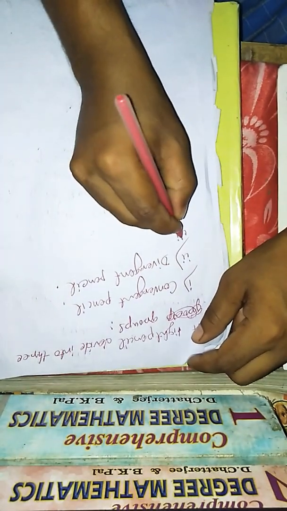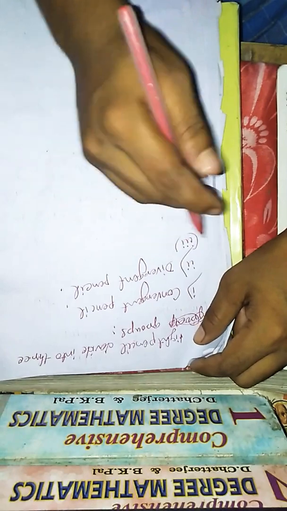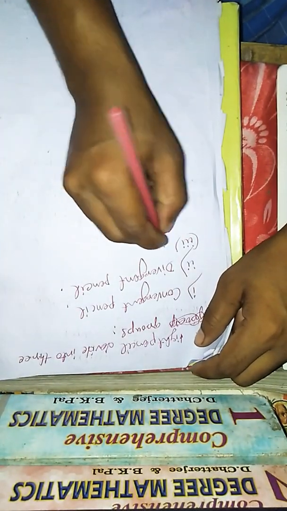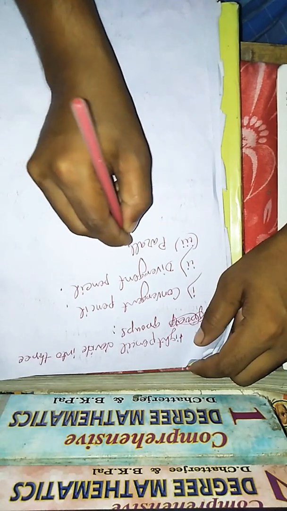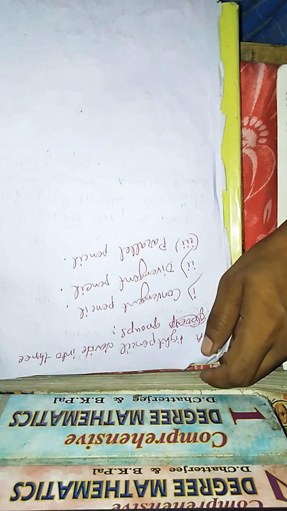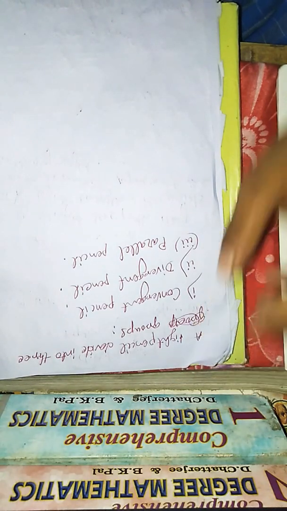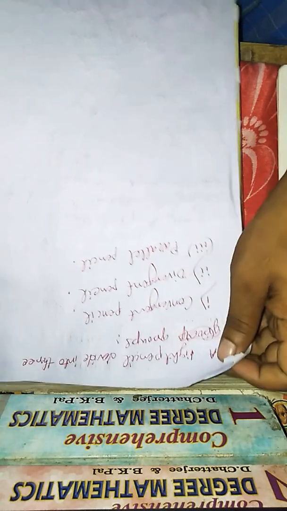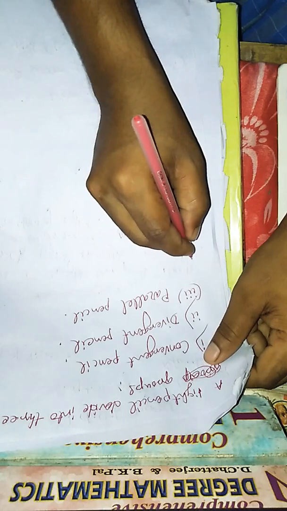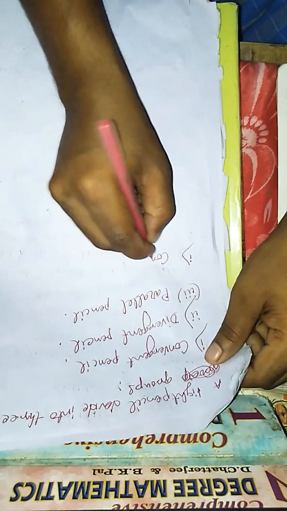The first is the convergent pencil, the second is the divergent pencil, and the third is the parallel pencil. So a light pencil is divided into three groups: convergent pencil, divergent pencil, and parallel pencil. Now we will describe all of these one by one. At first we describe the convergent pencil.